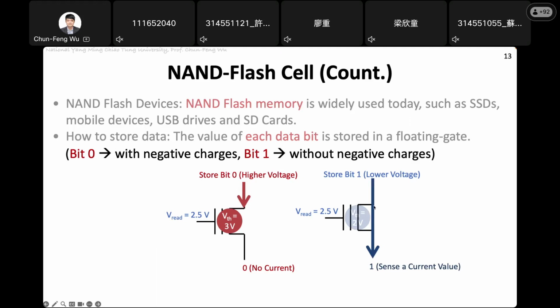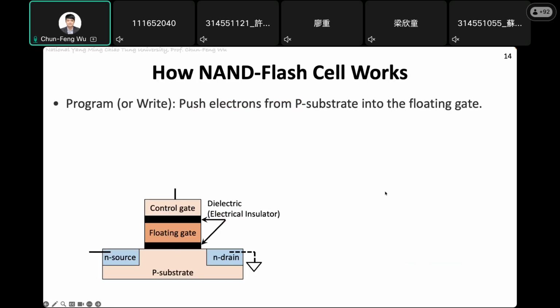And if you receive a current value, then you will say, hey, this is bit 1. Okay. So let me give you more details about why, if there are electrons inside the floating gate, the current does not pass through. The very first thing is we'll talk about programming, which you can think of as writing some data into the NAND flash cells.